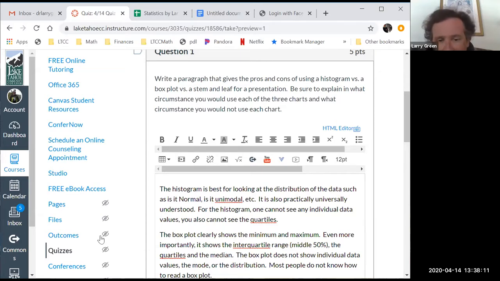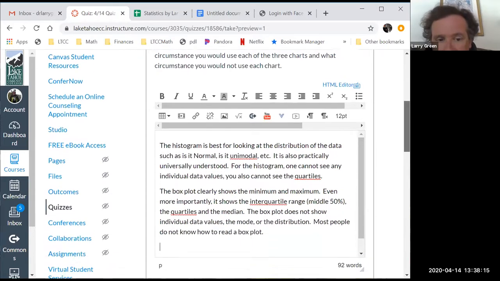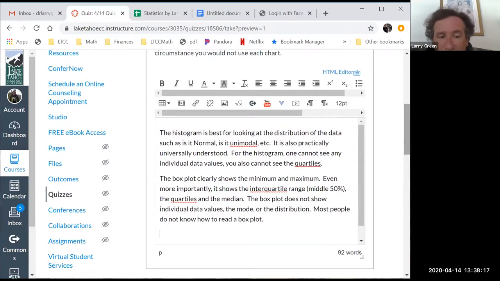Okay, now let's get into the stem and leaf. What does it show? So what does the stem and leaf show?